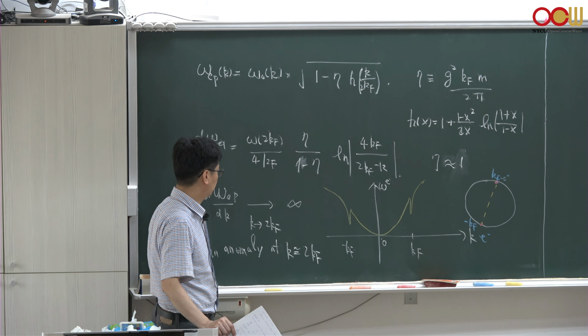Because of electron-phonon coupling, this is a cartoon picture of what happens. This means that electrons across the Fermi surface, on two opposite sides of the Fermi surface, may interact with a phonon. When that happens, those electrons very close to the Fermi surface on the opposite two sides carry almost opposite momentum. One is kF, another is minus kF.